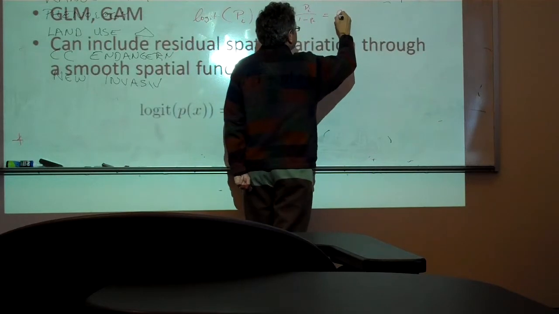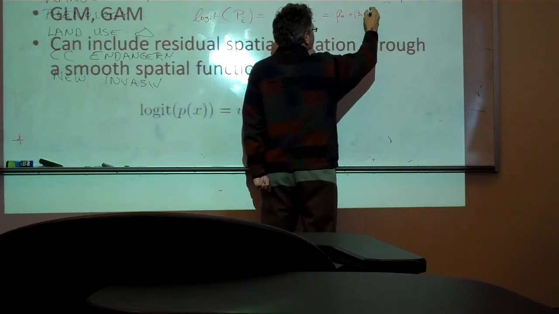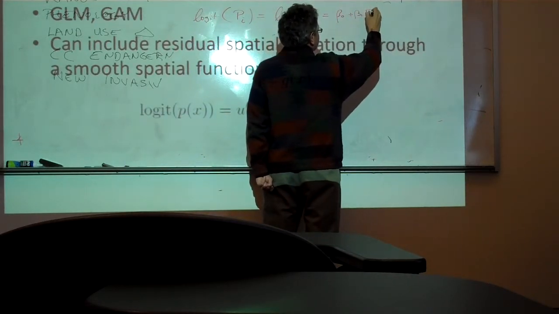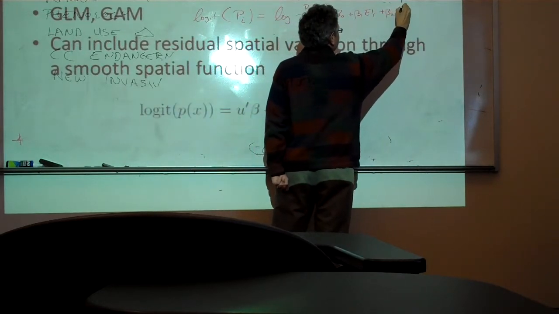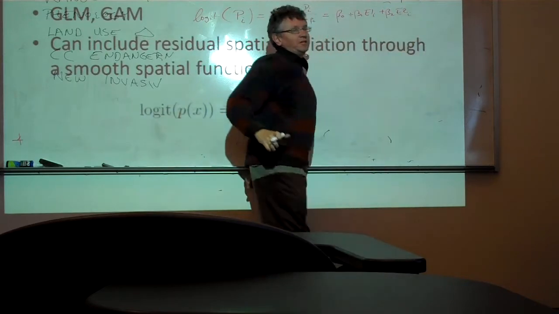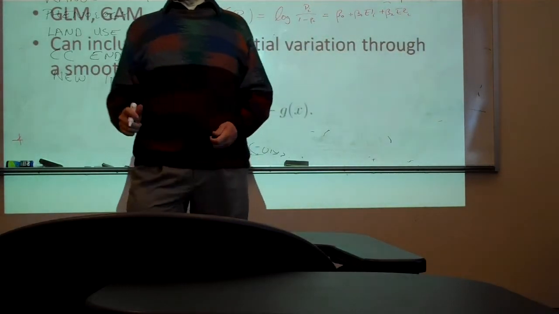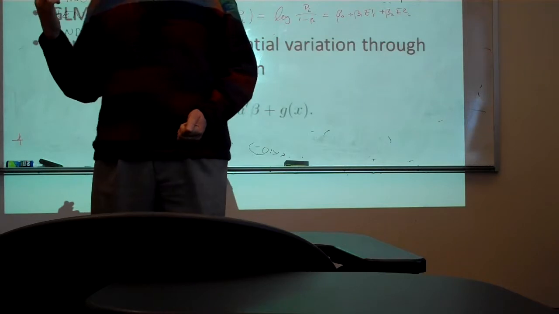So it's beta naught plus beta 1 times environment variable 1 at i plus beta 2 times environment variable 2 at location i, and so forth. So it's just standard logistic regression.